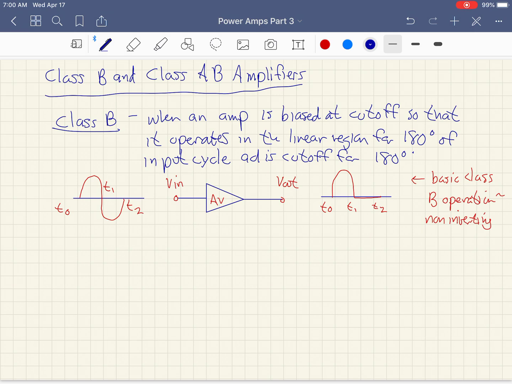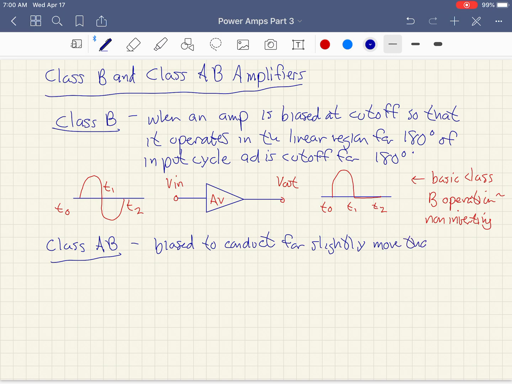Class AB though, just in general, is basically a Class B, but it's biased to conduct for slightly more than 180 degrees. And we'll talk about how you do that, why you do that, and what that means as we get into it a little more.